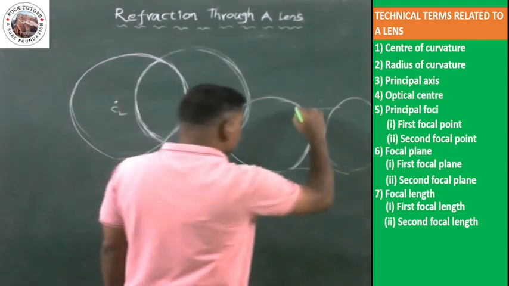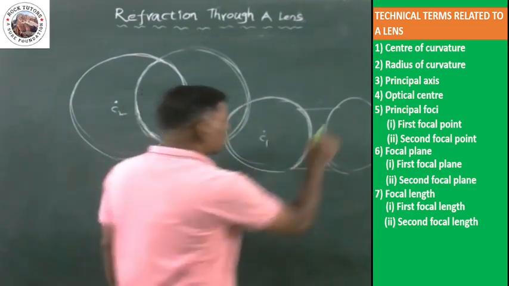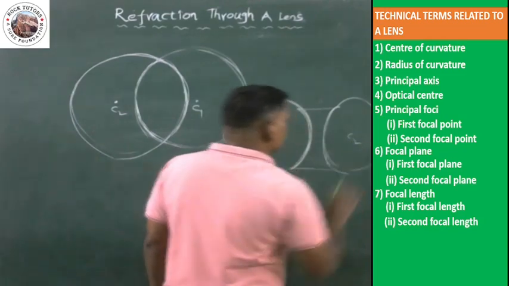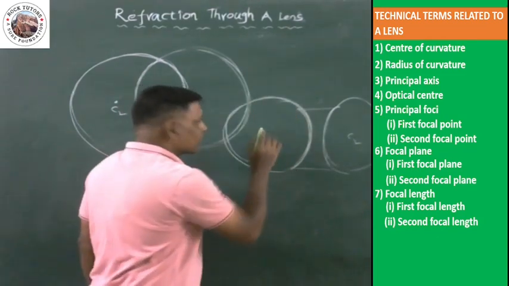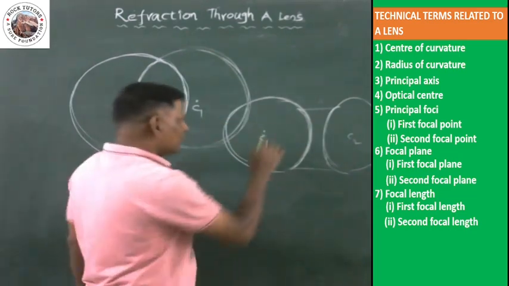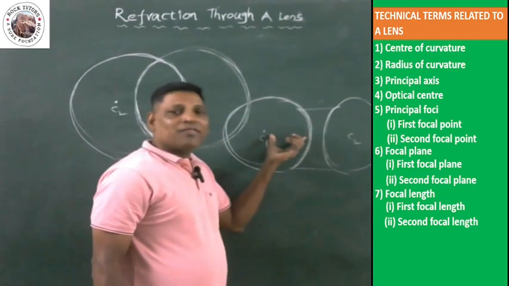Now this sphere has a center, you can see C1, and this sphere also has a center, this is C2. This curve is a part of this sphere. That's why here also C1 is called a center of curvature.